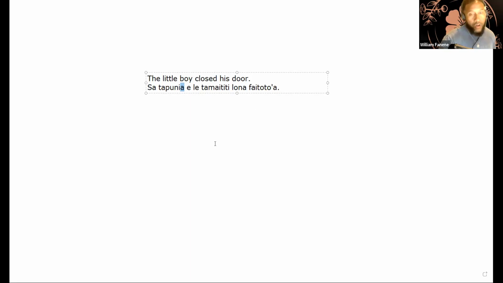Someone said ua. Is it ua? The little boy closed his door. Yes, it can be ua. Let me copy all of that and then just change it to ua. I think this is probably why I use different ones, because they can be different tenses with the same English translation.